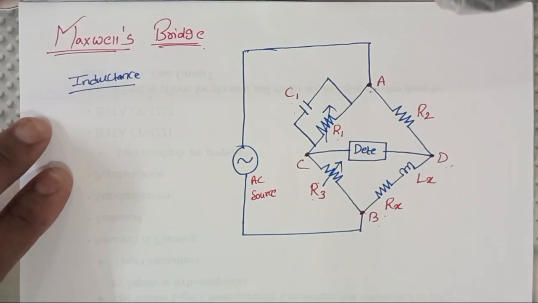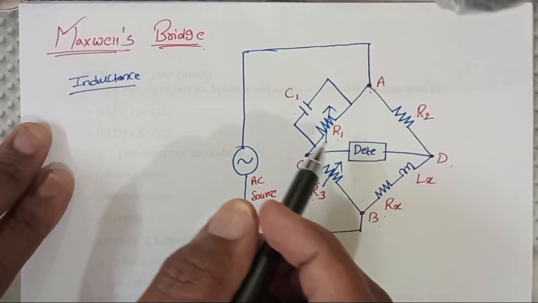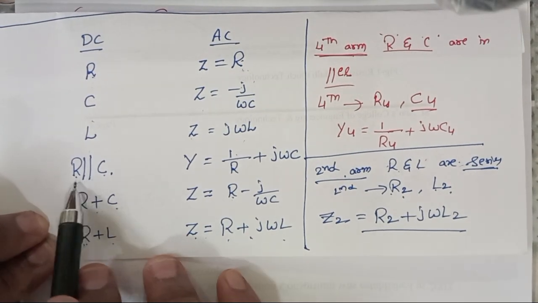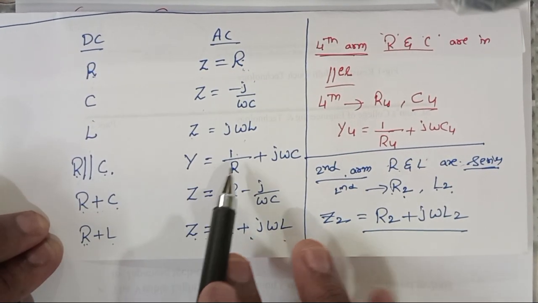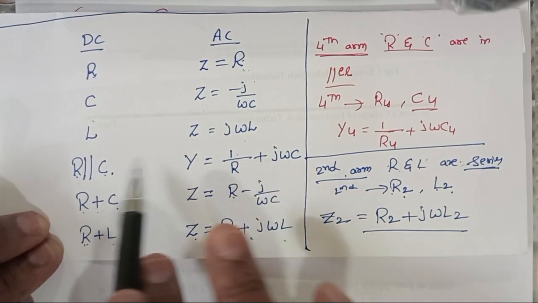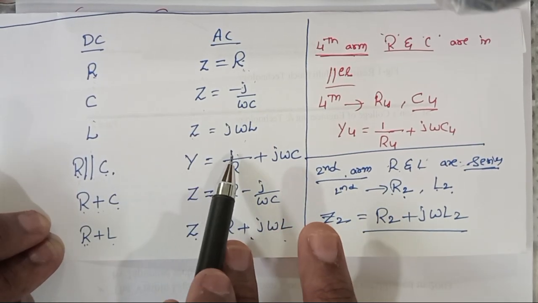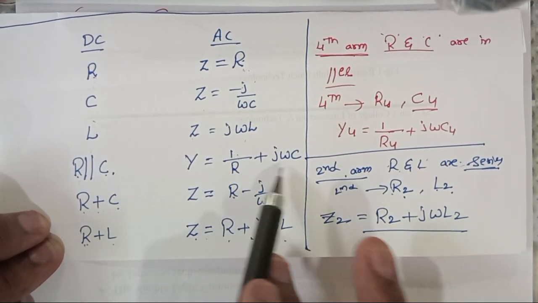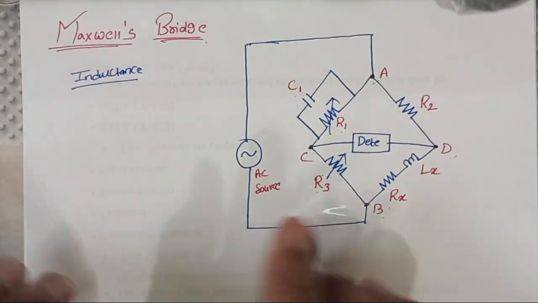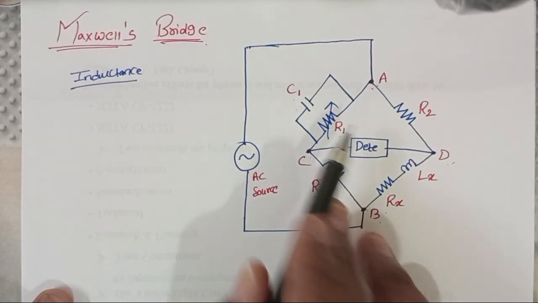We already discussed that when R and C are in parallel, Y equals 1 by R plus j omega C.